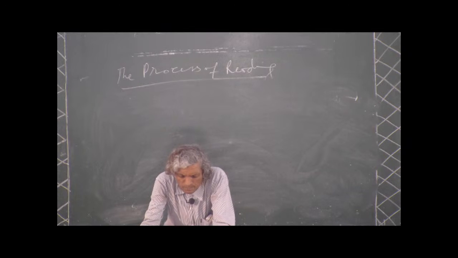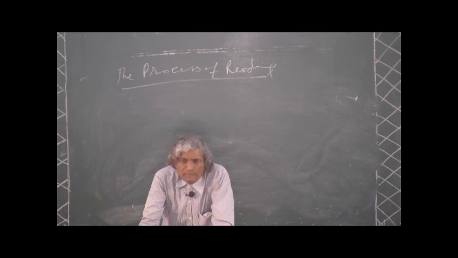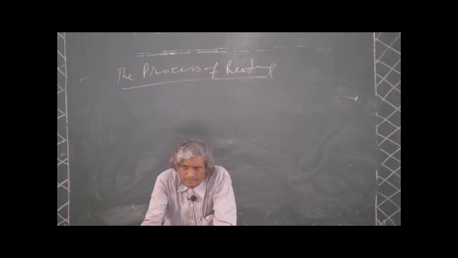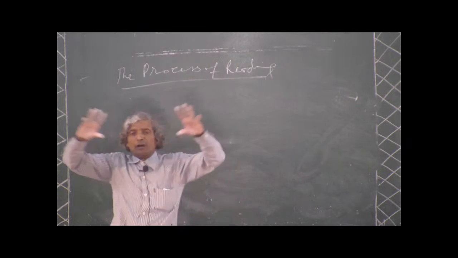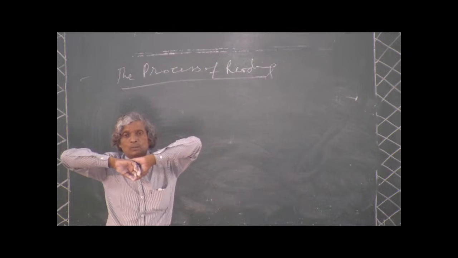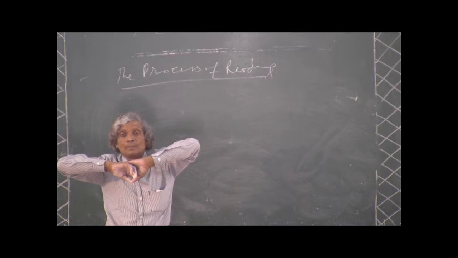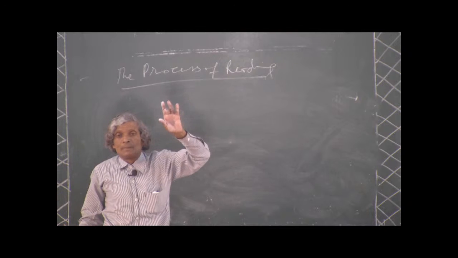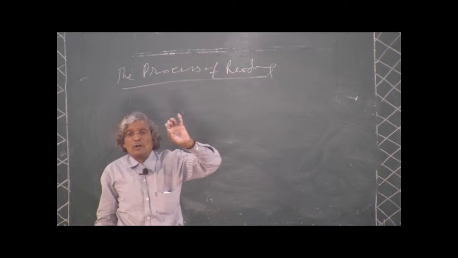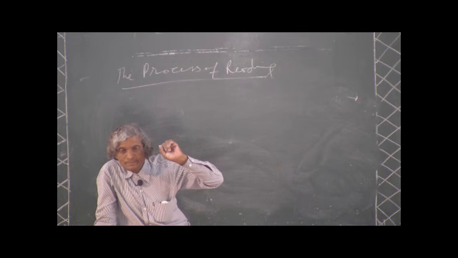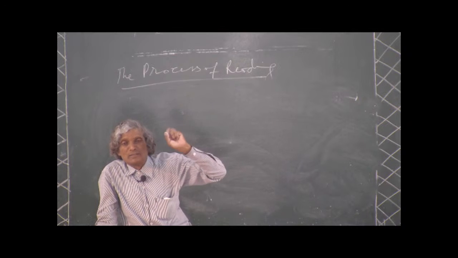So, for example, you have read the story of a fox and crow. Once a crow found a piece of bread. He was sitting on the branch of a tree.